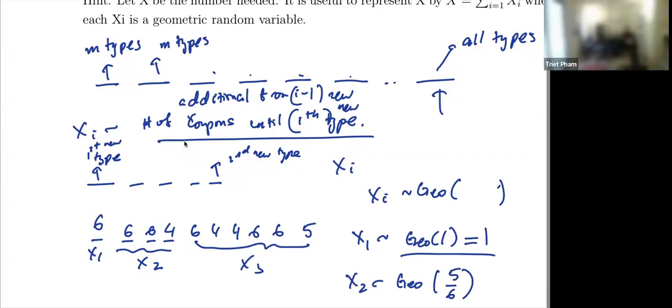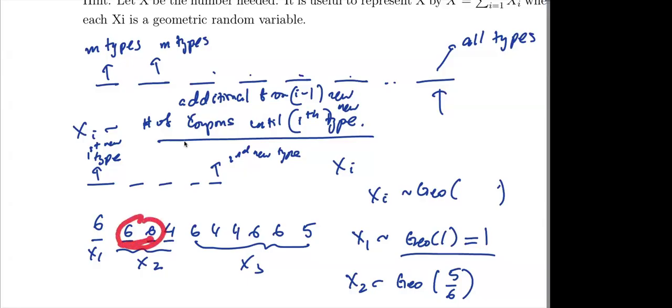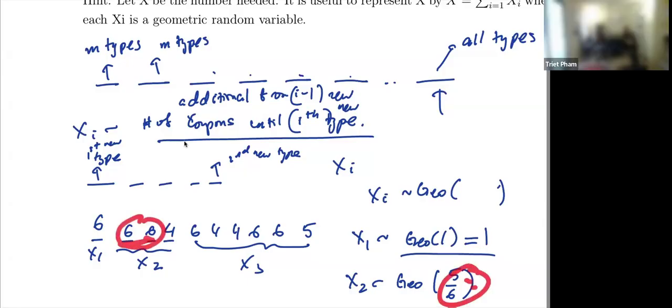Because if X1 is, whatever, a number 6, then when you get a new type, what is the success here? Success here is to get something that's not of the old type. Yes, getting something that's not a 6 is a success. Oh, this makes sense. So that's why we count from what's appeared so far, not what's remaining.